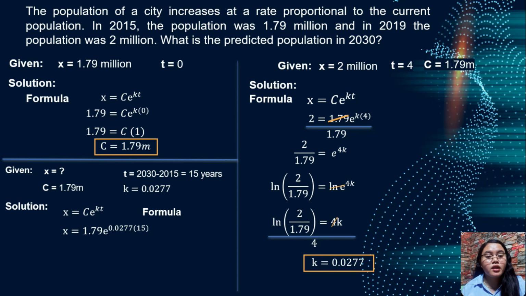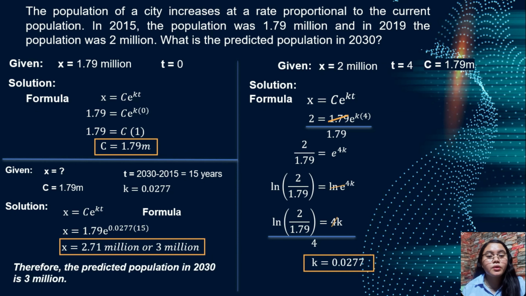Since x is our unknown here, we have x is equal to c, which is 1.79, times e raised to k, our k is 0.0277, times 15, which is our time. So by using our calculator, we have x is equal to 2.71 million, or we can round it up to 3 million since there is no decimal people. So that is our answer. Therefore, the predicted population in 2030 is 3 million.